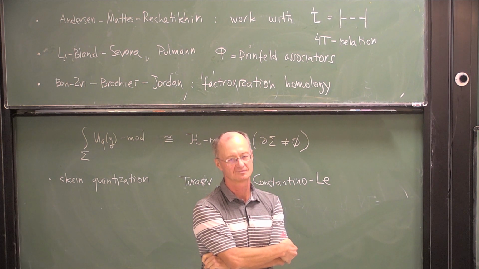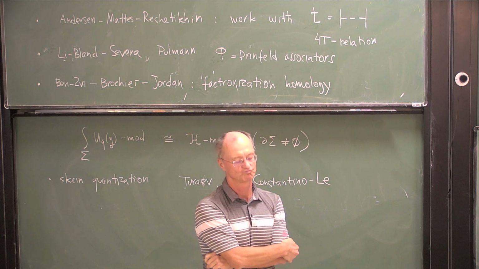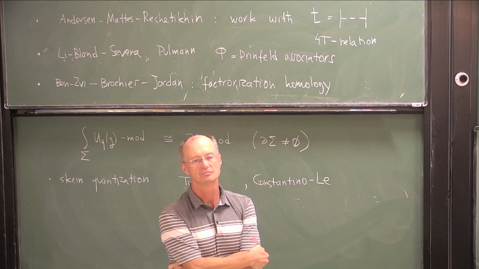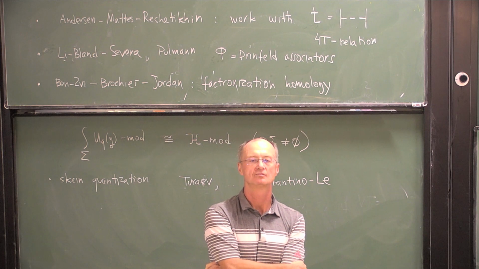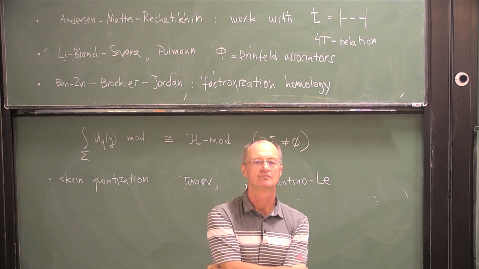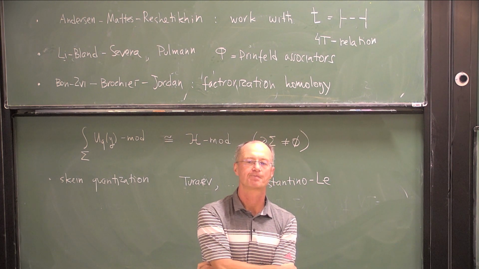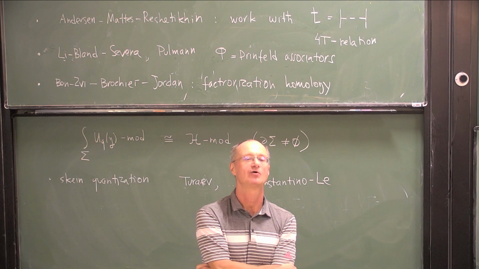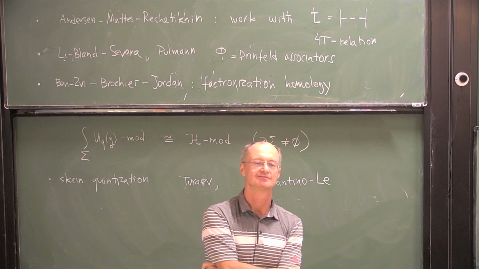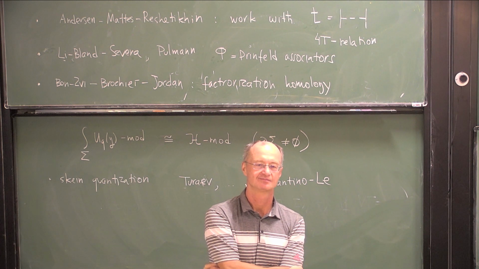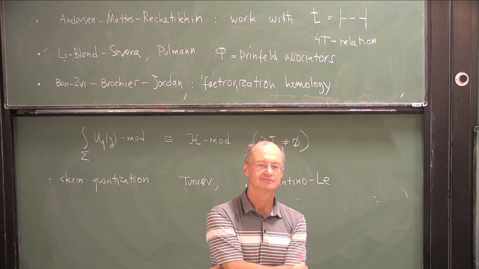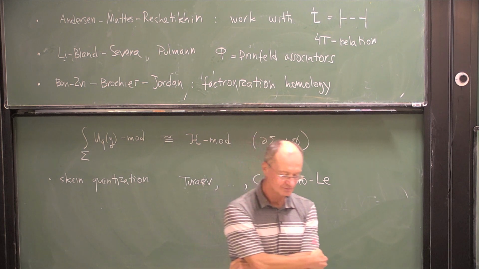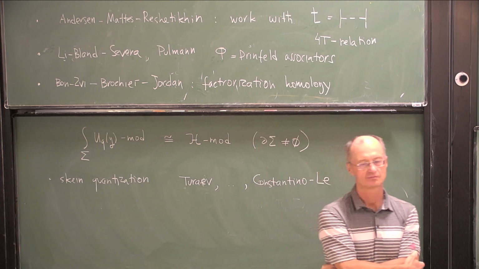Maybe I could just finish the comment before. I was saying that it depends on this triangulation of the surface, and so in a sense you would want to remove that. But there was another place where we actually utilized the fact that it does depend. So you actually get what's called a representation of the Ptolemy groupoid on this algebra of chord diagrams.